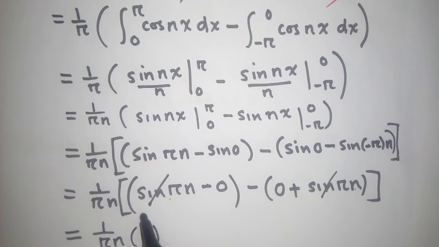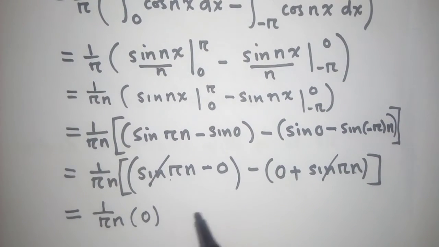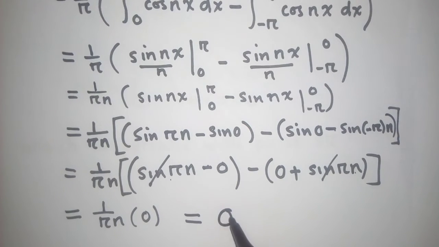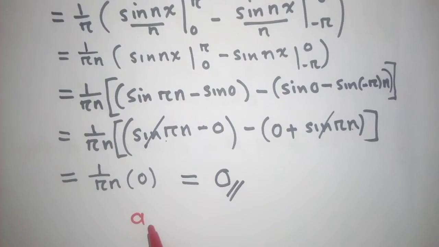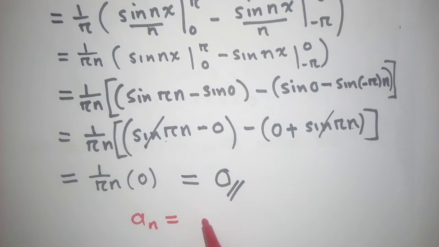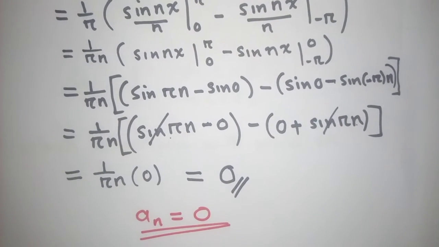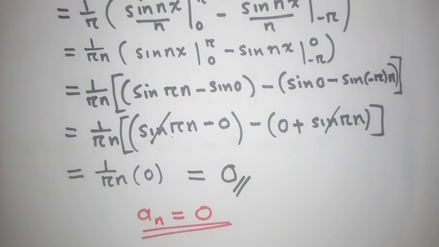So 0 multiplied by what is in front here, it will be a 0. Meaning our a n will just be a 0. This one. Okay? So that we find our bn.